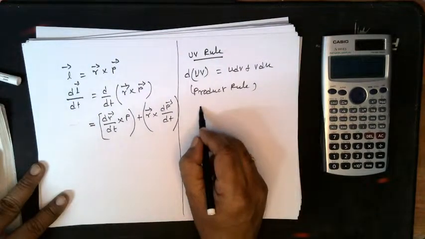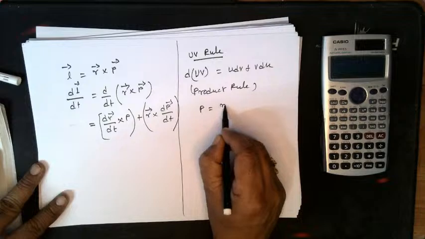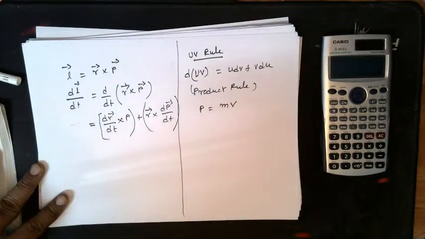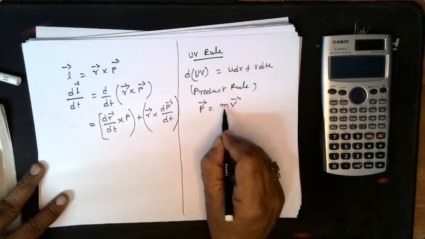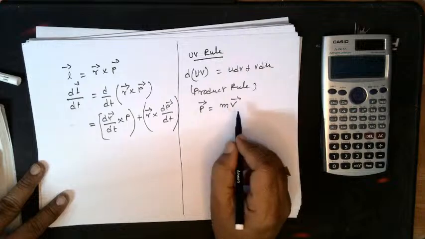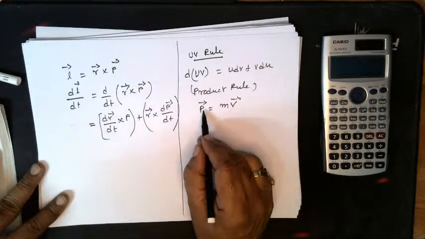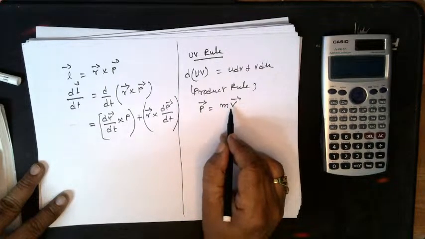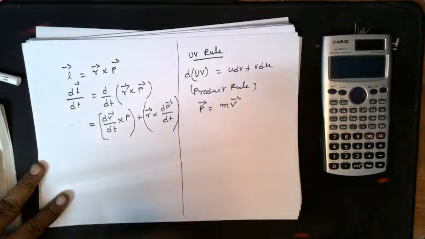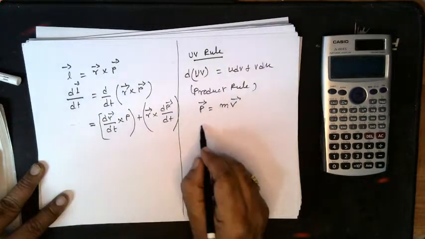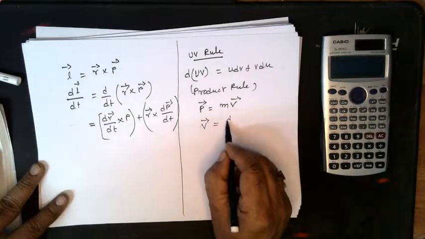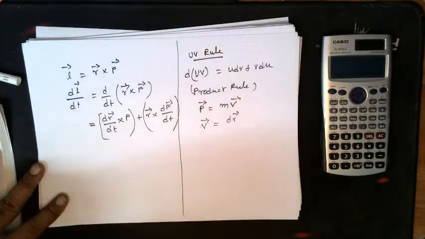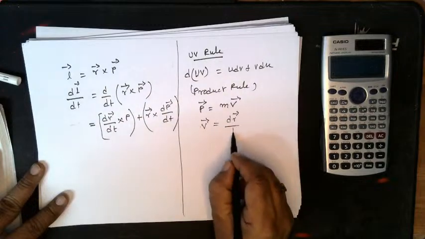Now we know already p is equal to mv. What is this p? Momentum. m is mass, v is velocity. P vector means m v vector, because m has no vector, it's a magnitude, mass. So v has vector, so P vector is equal to m into v vector. And we know already the v vector, the change of position vector, any displacement, divided by dt, am I right?